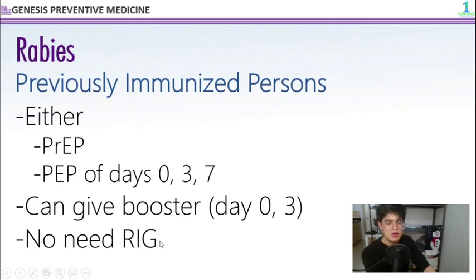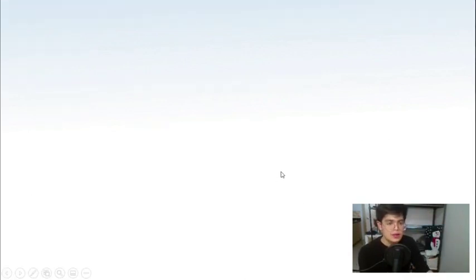No need for RIG, because essentially it's also useless. You already have the antibodies inherent, and passive immunization will be of no help at all. Okay, that's it for rabies.